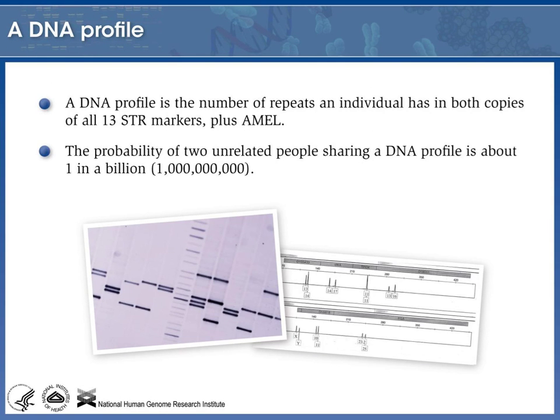Okay. So, here's the DNA profile. You have 13 STR markers plus the AMEL, the one for the sex chromosomes. With 13, it's like 1 out of a billion, but now they bumped it up to 16 or 17, I don't know.